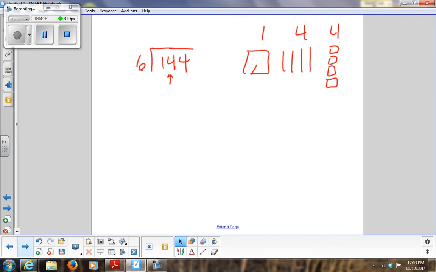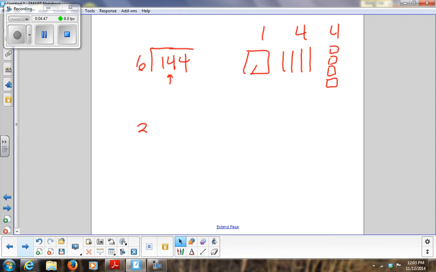What place is that? 10. Okay. So in this particular aspect, all I really need to know is what place I need to start. On your test, you will come across questions that say, what place do I start with this quotient? And then you can solve it out.